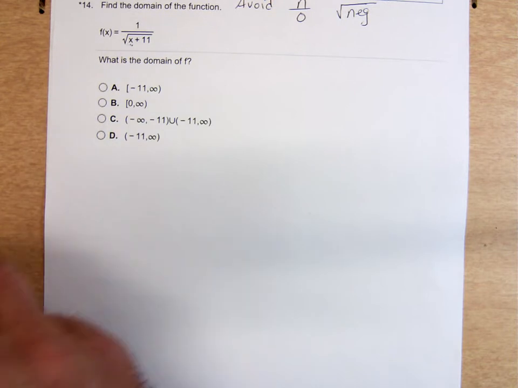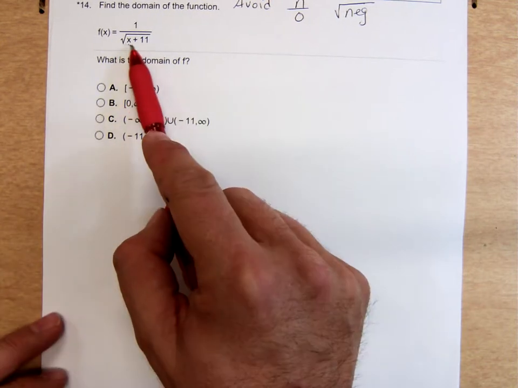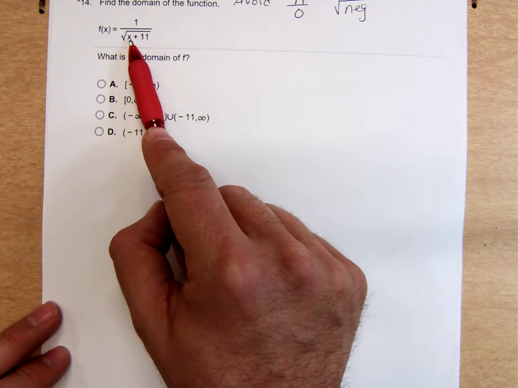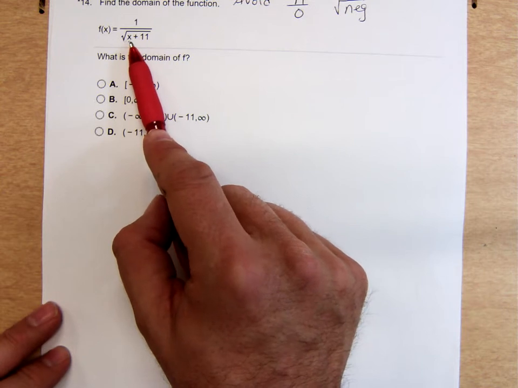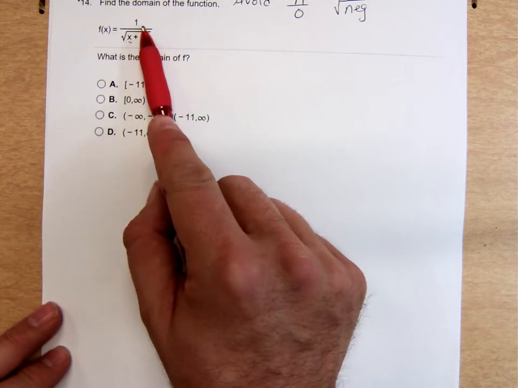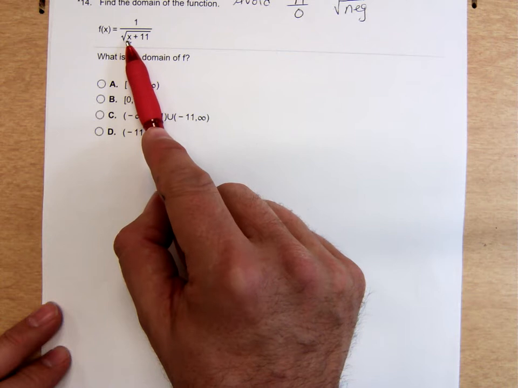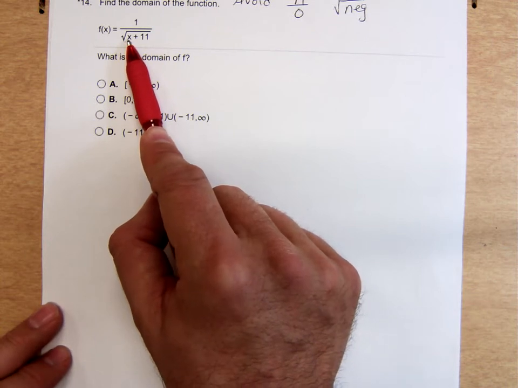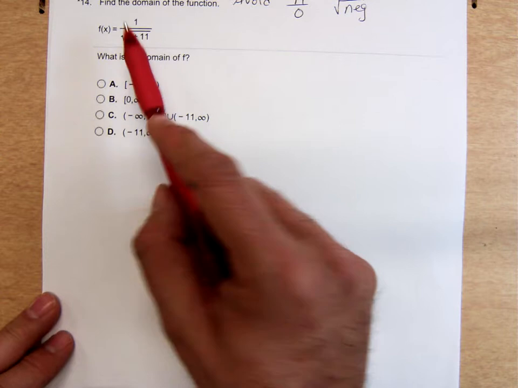Also, we wouldn't want a 0 in the bottom. Can y'all tell me what value of x would give me a 0 in the bottom? What x value would give me a 0 down here? Maybe -11, okay? So on this problem, there's 2 things we want to make sure.